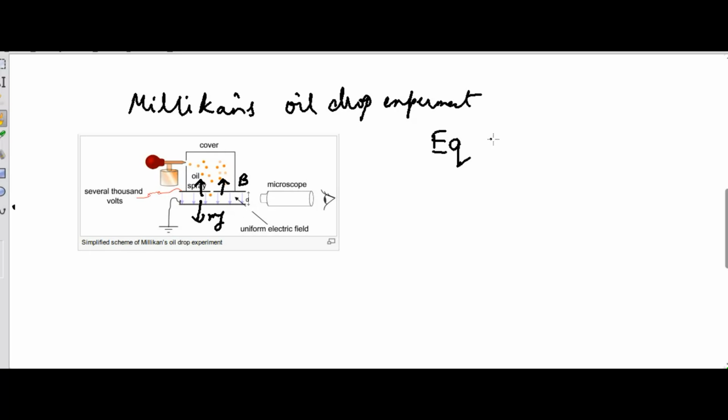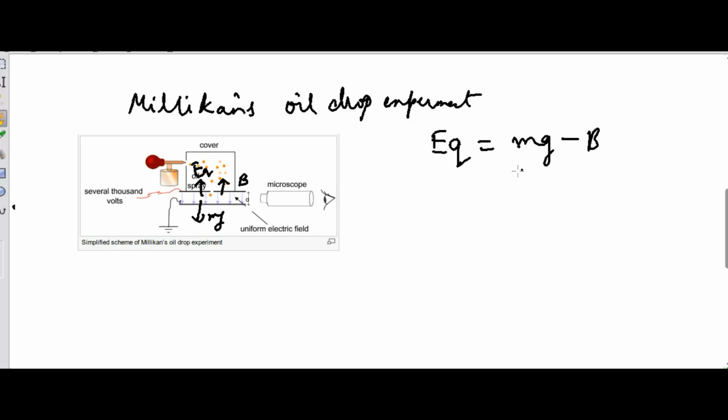If we balance the forces, if there is no net force acting on this, we get this equation: EQ will be equal to mg minus B. The electric force will be equal to the net of the gravitational and buoyancy forces.